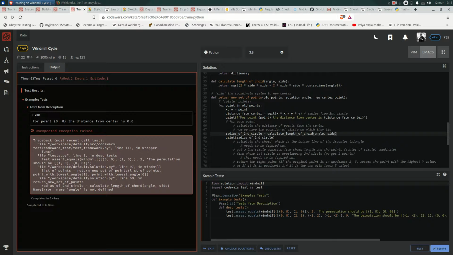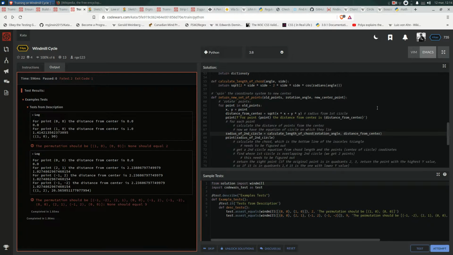Oh, it's rotation angle. Rotation, that's a Dutch angle, rotation angle. Name side is not defined. Side is actually distance from center.